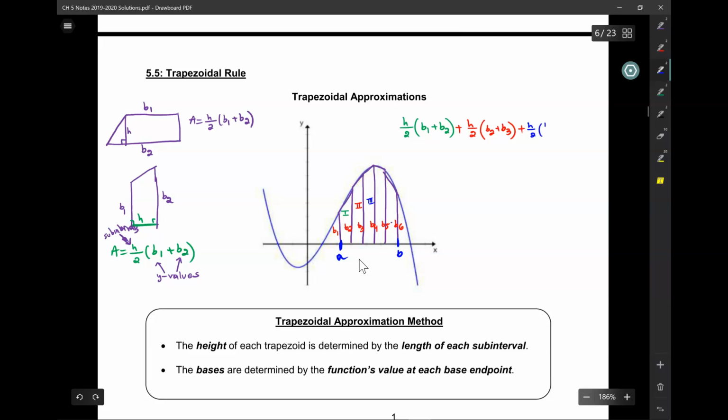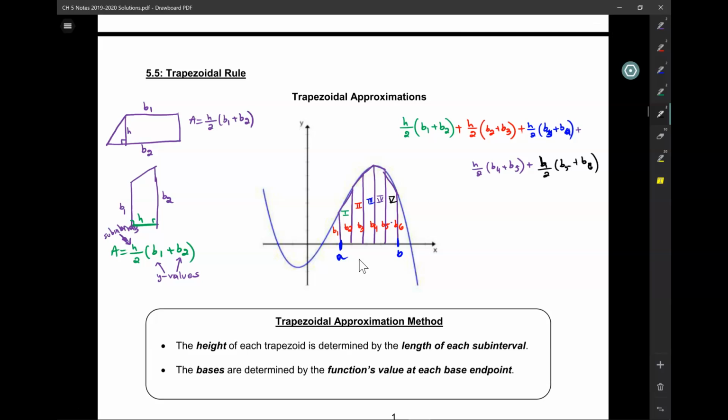H over 2, base 3 plus base 4. Okay? Plus, what's next? H over 2, what's that fourth one? B4 plus B5, plus the very last one, H over 2, B5 plus B6.